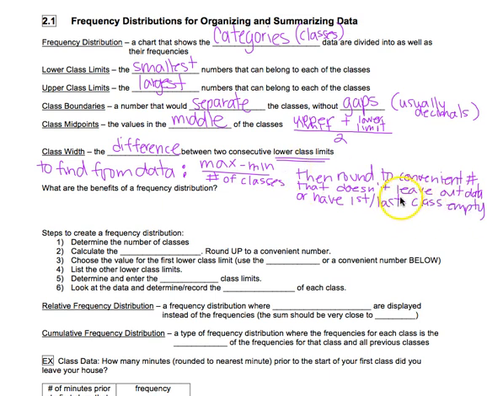So it can't just be a convenient number that's whatever you want. It's a convenient number that doesn't leave out any of the data and doesn't have a first or last class that's empty, meaning a frequency of 0.